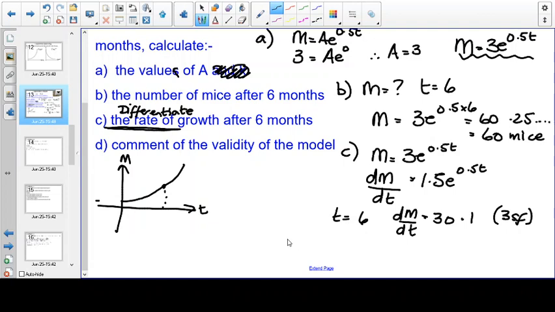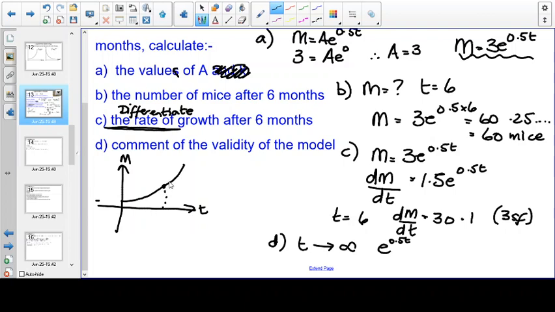That's what that means. Okay, and then for D, comment on the validity of the model. Quite often you'll be expected to do this, where you're looking at the long-term model, what happens as t gets bigger. As t gets bigger, so tends to infinity, e to the 0.5t, what happens to that as t gets bigger and bigger?